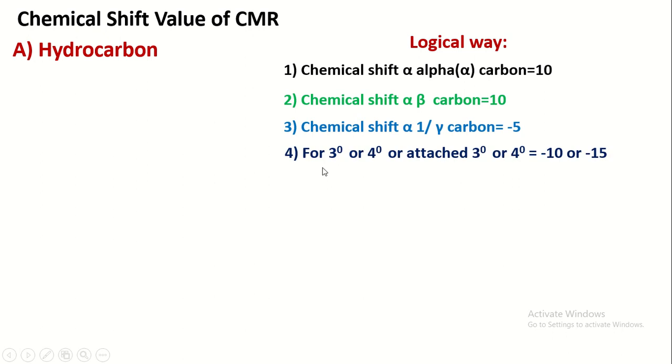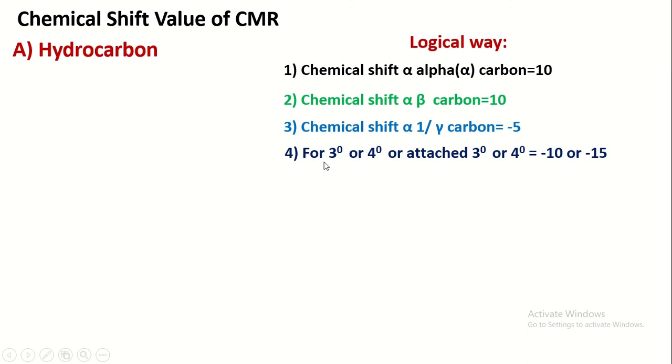For tertiary or quaternary carbon, the carbon attached to 3 carbons is called tertiary carbon. The carbon attached to 4 other carbons is called quaternary carbon. To determine the chemical shift of a tertiary or quaternary carbon, or of a carbon which is attached to a tertiary or quaternary carbon, subtract 10 or 15.